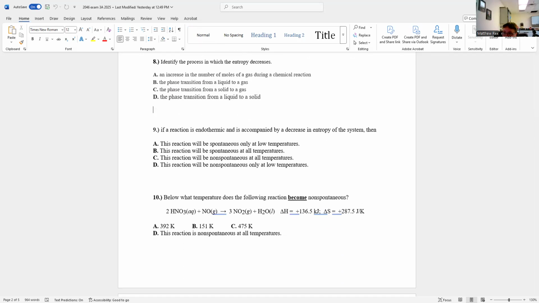Okay. Here we have, if our reaction is endothermic, and it's accompanied by a decrease in entropy, what can we say about it? So if we go back and think about our Gibbs free energy equation, delta G equals delta H minus T delta S. Well, if it's endothermic, then our delta H is positive.